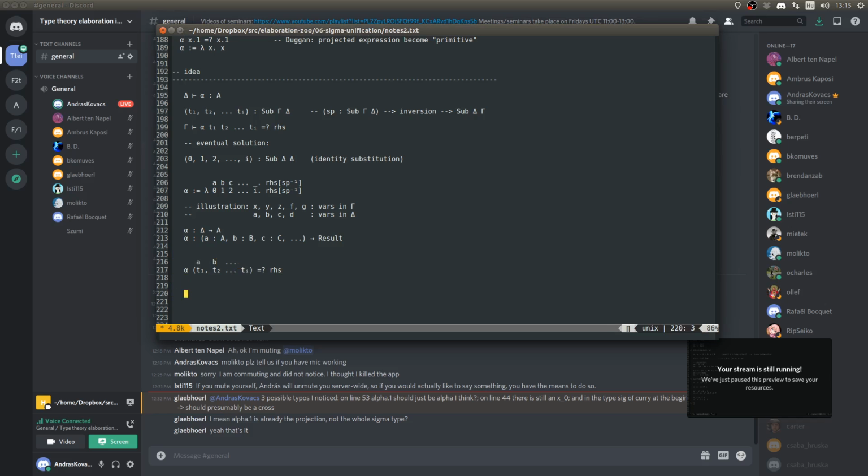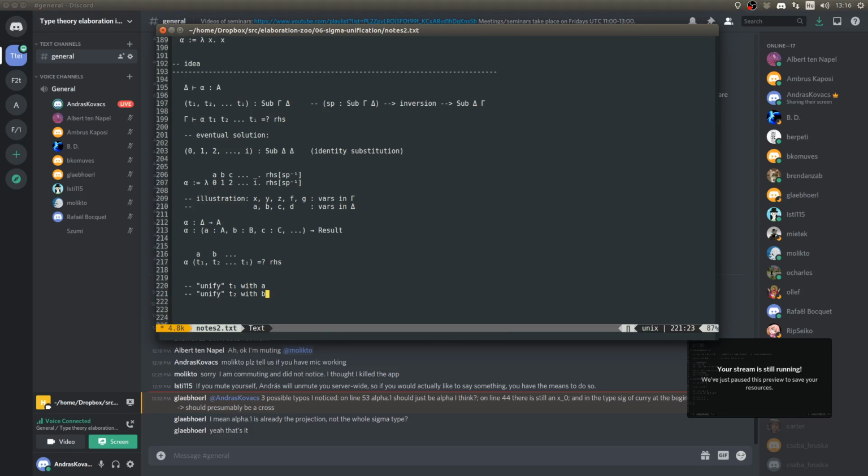So what I can do is just unify in scare code. So I unify T1 with A and unify T2 with B, and so on. So I'm basically unifying this spine.